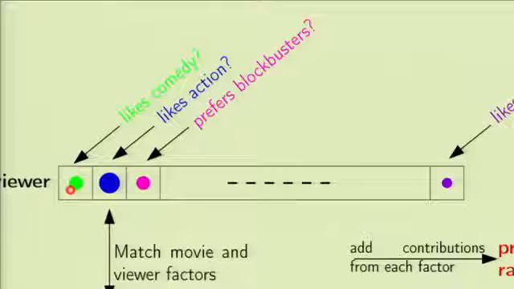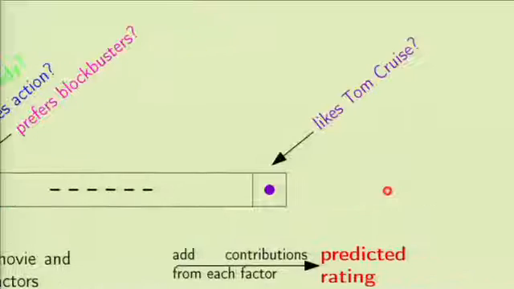Does the movie have a lot of comedy? From the viewer's point of view, do they like comedy? Do they like action? Do they prefer blockbusters, or do they like sort of fringe movies? And you can go on all the way, even to asking yourself whether you like the lead actor or not.